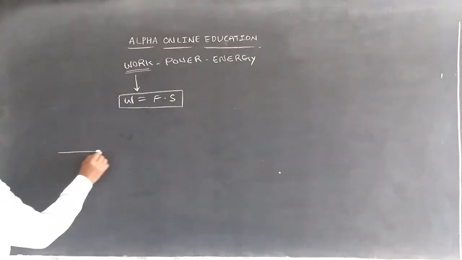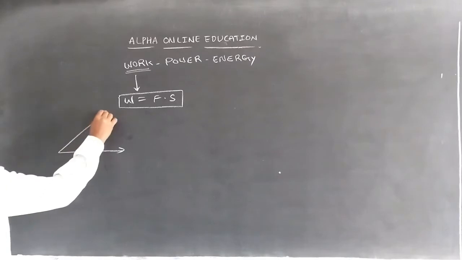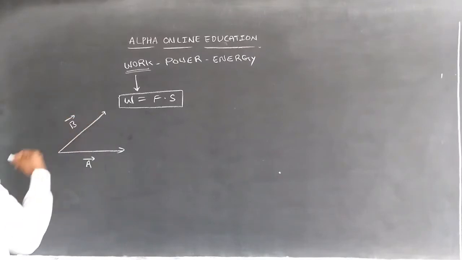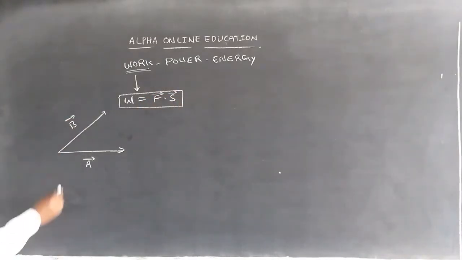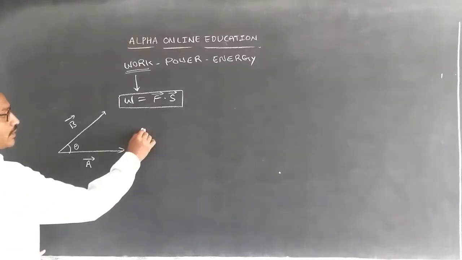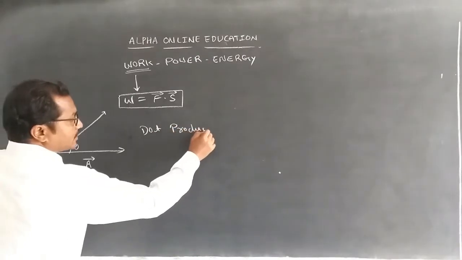Let us consider this is the vector A, and this is the vector B. These are the two vectors, and they make some angle theta between A and B. Now, how are we going to define the dot product?